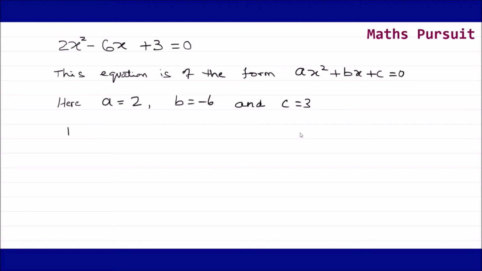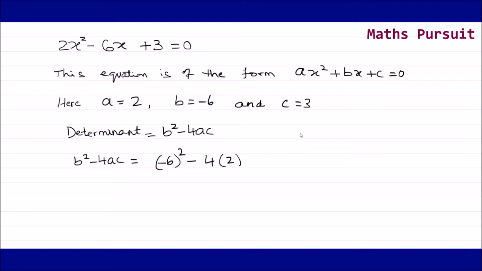Now let us find out the determinant. We very well know that the determinant is given by b² - 4ac. So let us find out b² - 4ac. It is equal to (-6)² - 4 × 2 × 3.